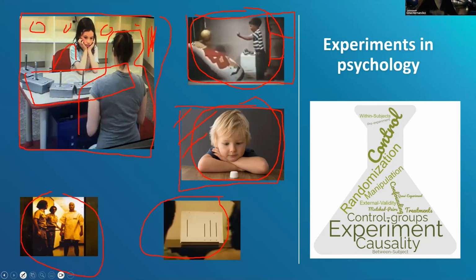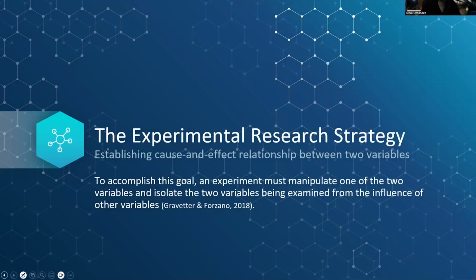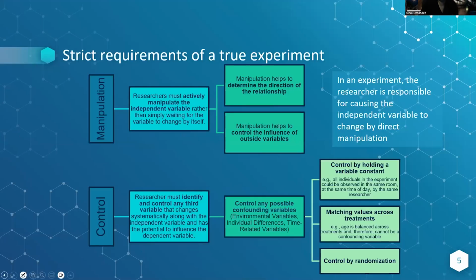Because if you have different settings, this can influence the results. So if you have something specific, it should be there for all the subjects as well. So you have to be really careful with all these things. And we will discuss today why it is important to have these elements in experimental research.